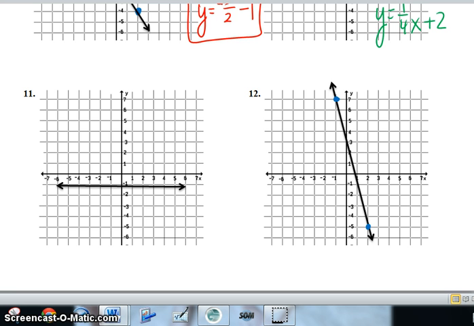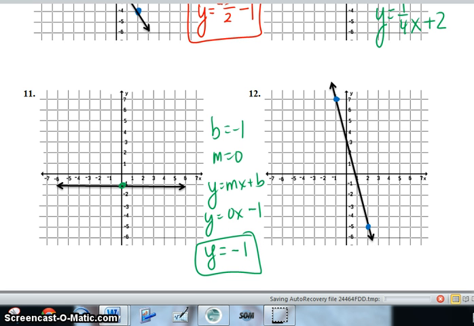And our last two graphs, if you notice, this line is intersecting the y-axis at -1, and there's no slope. The slope is 0. So the equation to this, if we were to follow y equals mx plus b, would be y equals 0x minus 1, or just y equals -1.